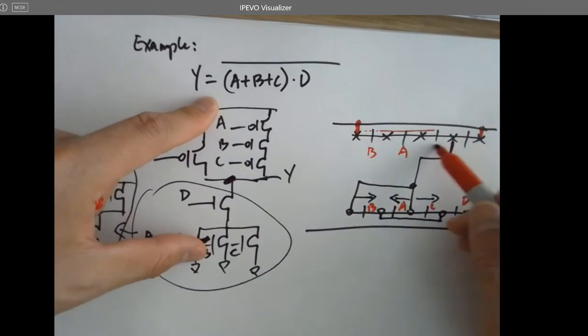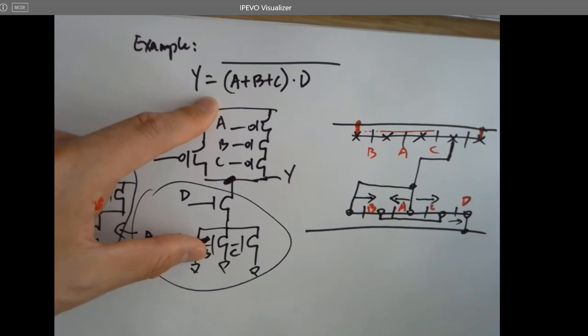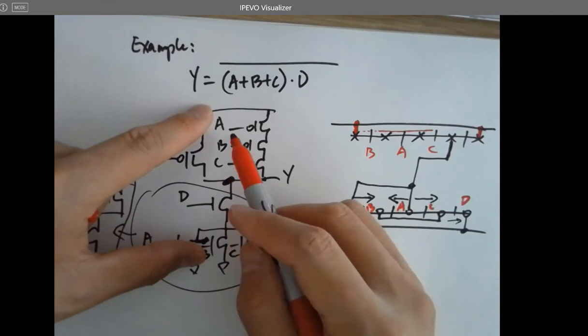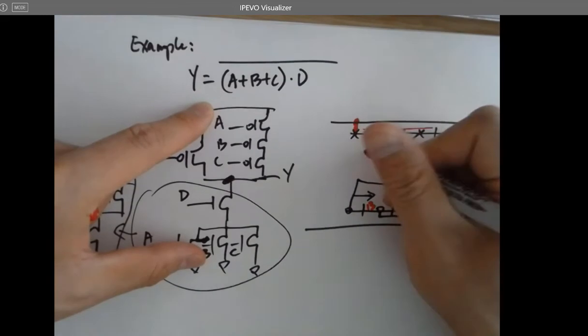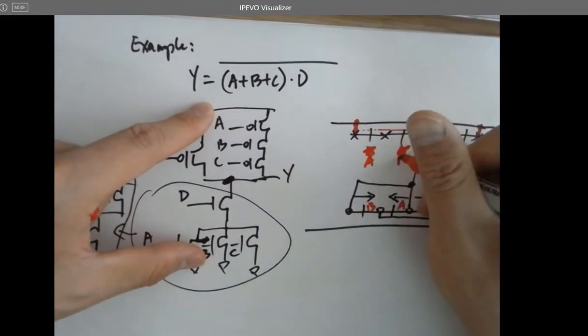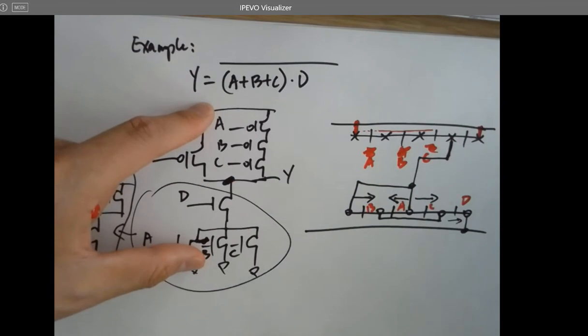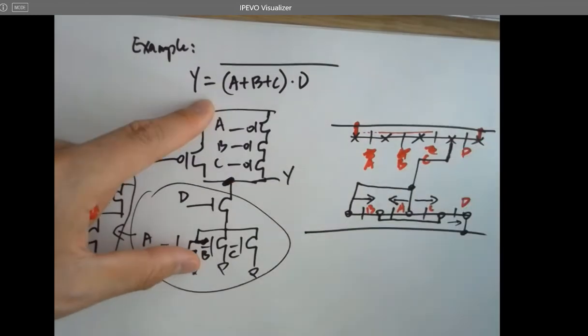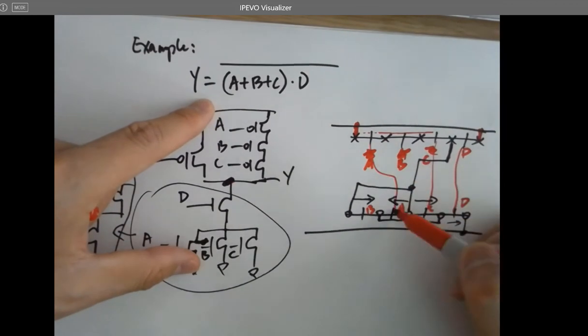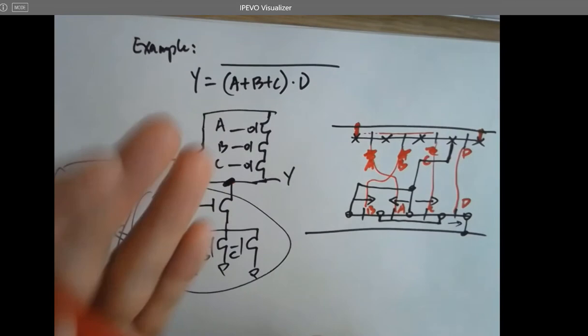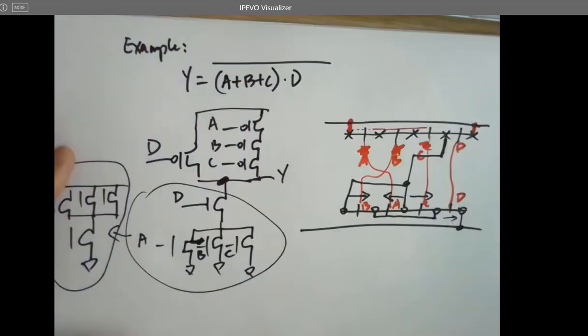B, C, make it easier. Have to change the signals here as well accordingly. It's confusing you. Let's not do that. A, B, C, and D. So poly C, A, B. That's how to do this circuit for this logic.